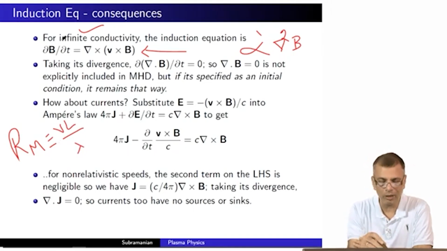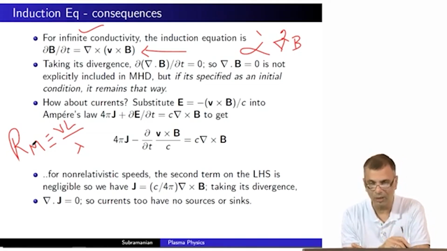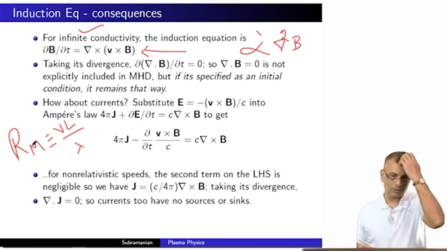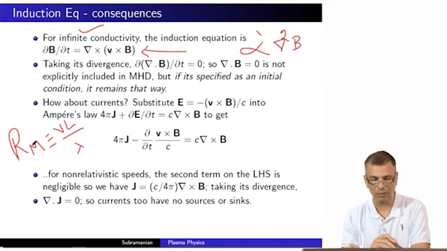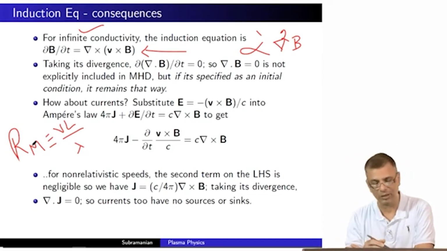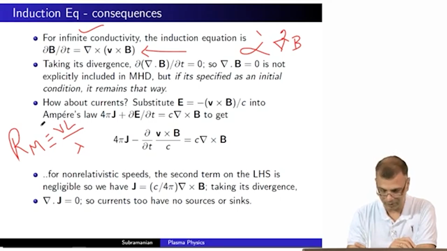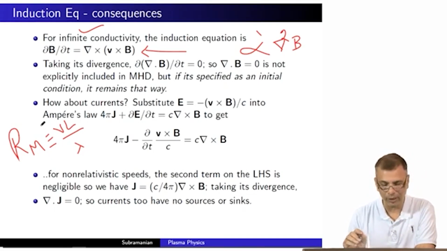So for an infinitely conducting plasma, the magnetic Reynolds number is formally infinite. Okay, whereas for plasmas with a small conductivity, rather large resistivity, the magnetic Reynolds number is small, and in astrophysical situations typically the Reynolds number is very high. Okay, so we discussed all that. That was a very quick recap.